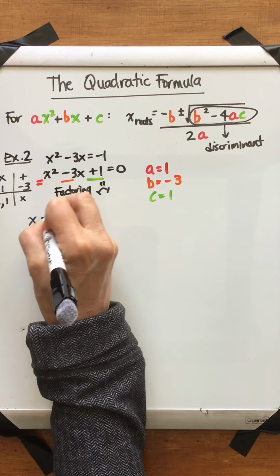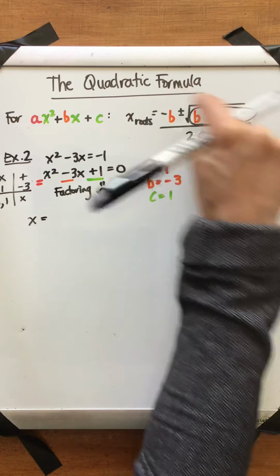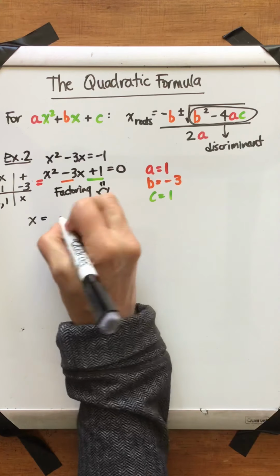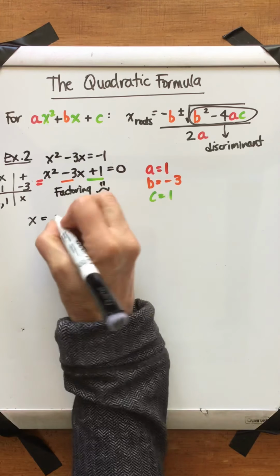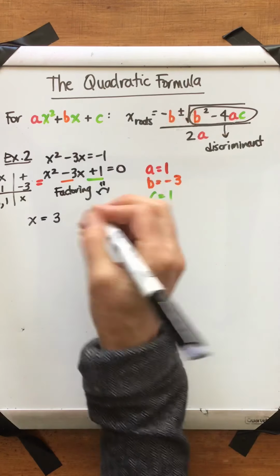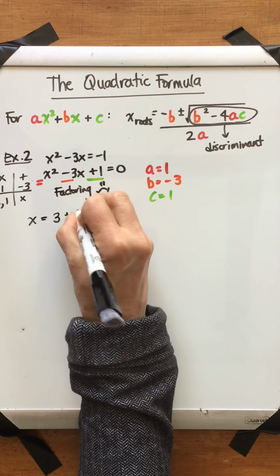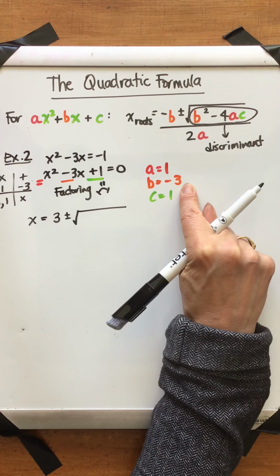So x, and I'm not going to bother putting the roots here anymore because as soon as we use this equation, we know that we're trying to find the roots, is equal to negative b. So what is the opposite of negative 3? It's positive 3. That's really what this step is doing. Plus or minus the square root of b squared. Can you do negative 3 times negative 3?